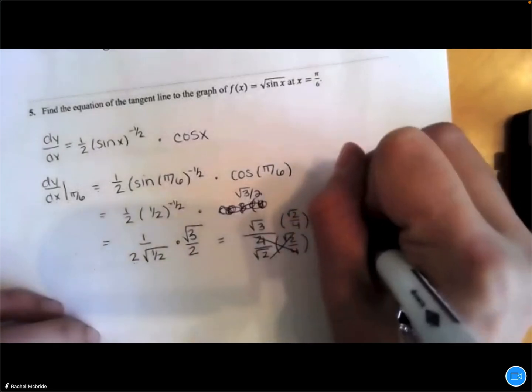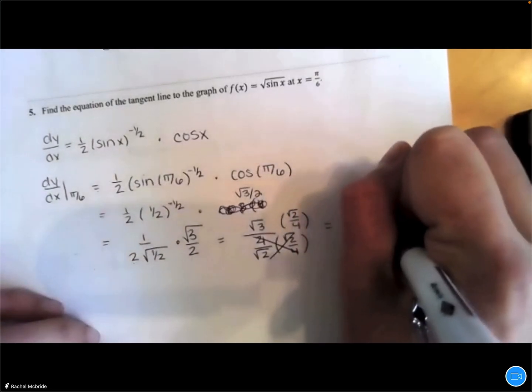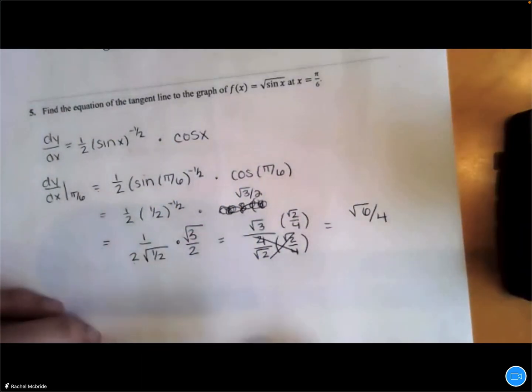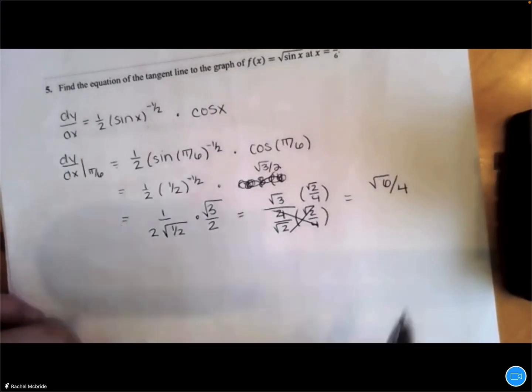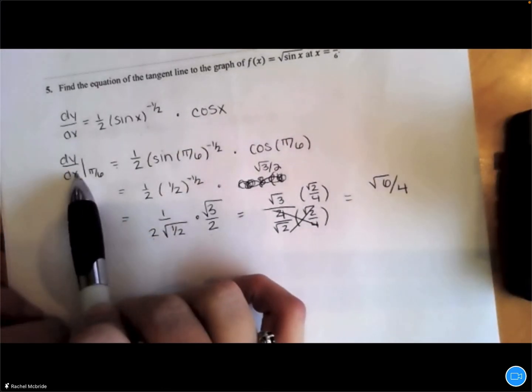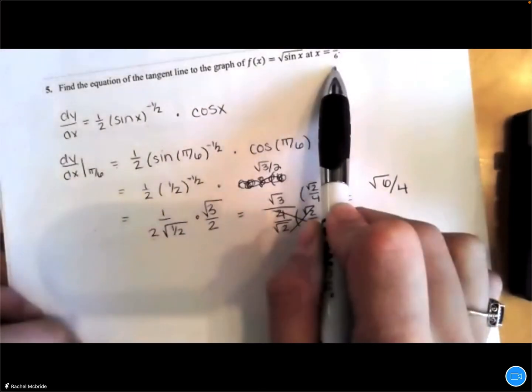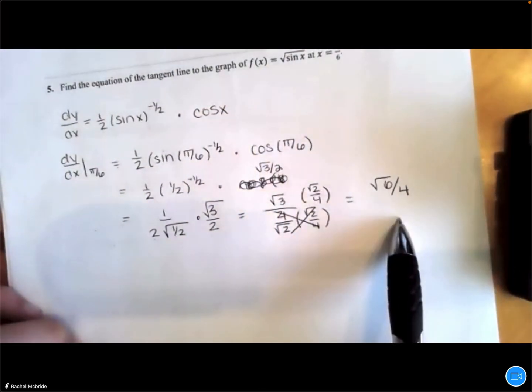So you get the square root of 6 over 4. So what that means is that the slope at pi over 6 is equal to the square root of 6 over 4.